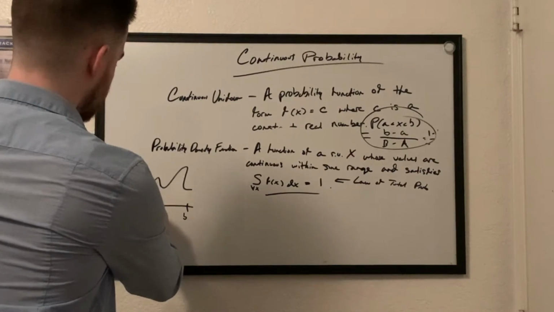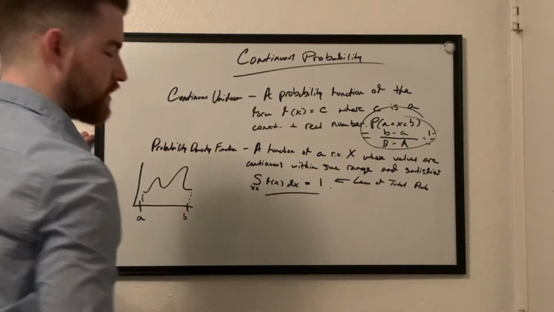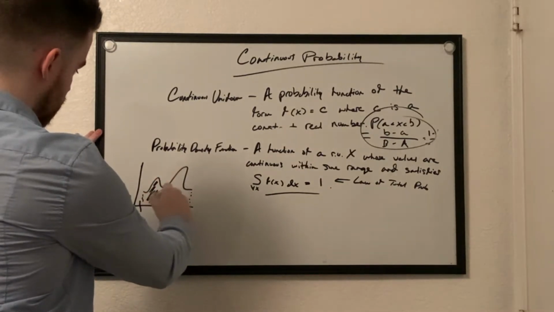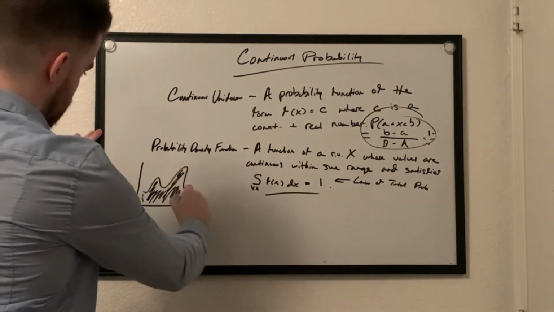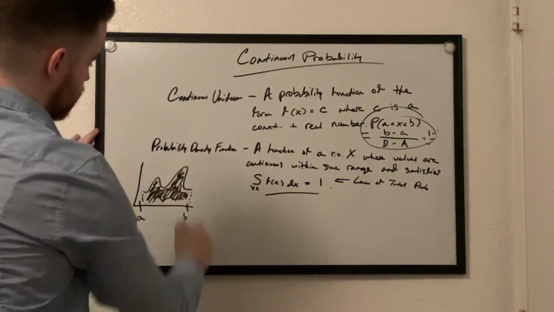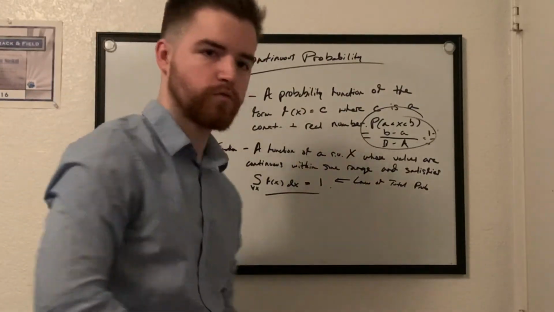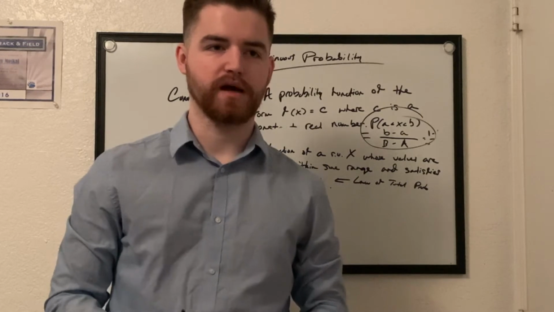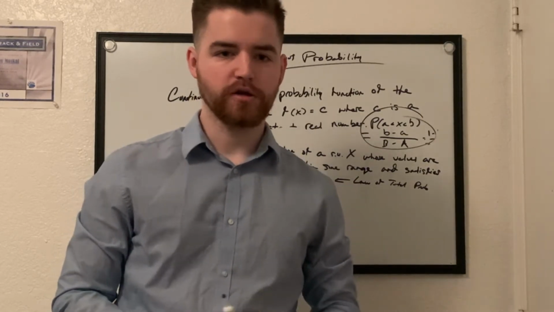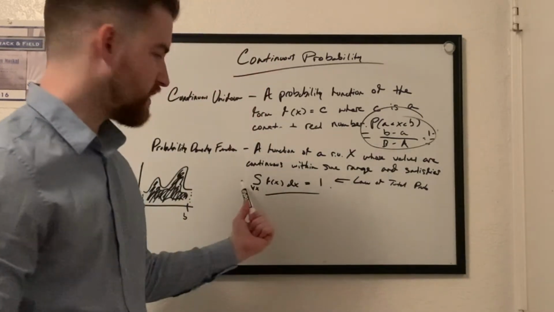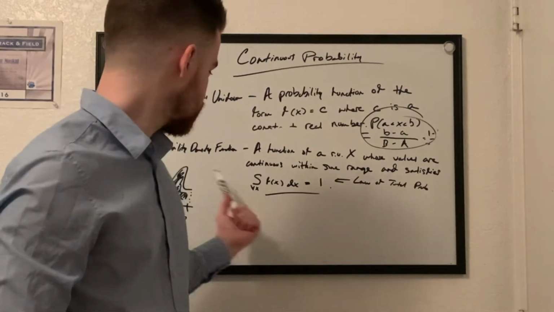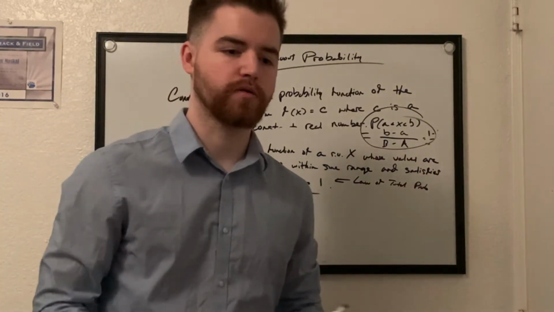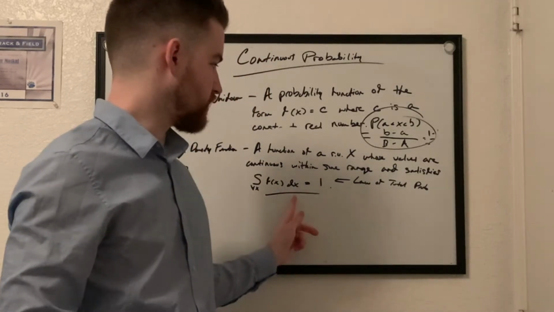In order for this to be a proper probability density function, all this area underneath the curve must sum to 1. Well, how do we get the area? If y'all have taken any previous calculus classes, the area underneath the curve can be computed by the integral of the function, and this must sum to 1 to satisfy our law of total probability. This is why this must hold.